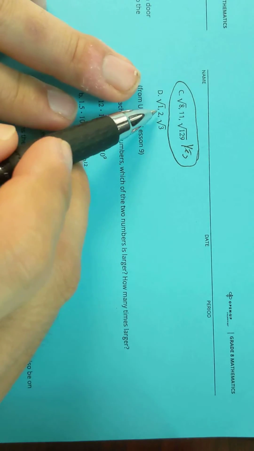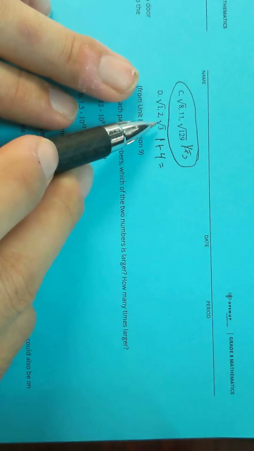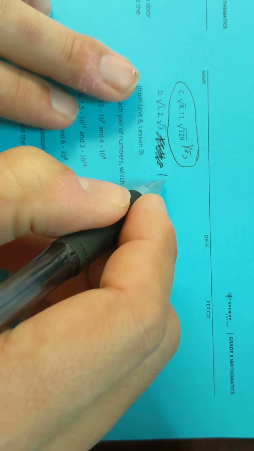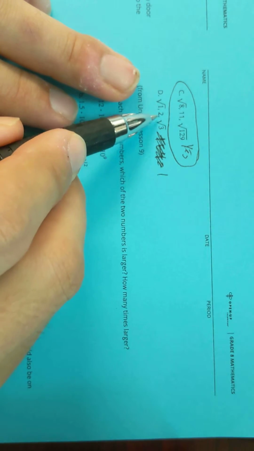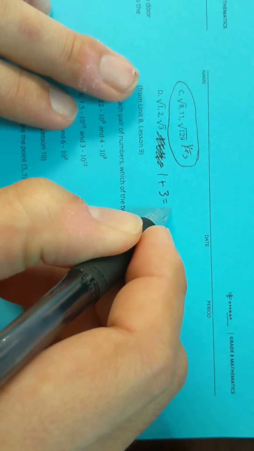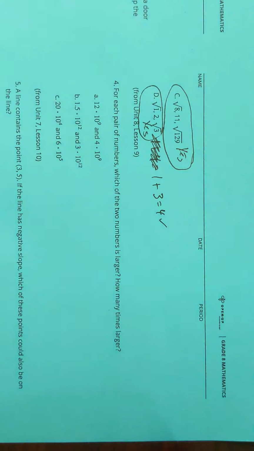Square root of 1 squared, that's 1, plus 2 squared is 4. Oh wait, that's actually bigger than the square root of 3. So I did it wrong there. This is actually the c, the hypotenuse. So 1 plus 3 equals 2 squared, which is 4. So that's true, this is a right triangle. So let's circle that one as well.